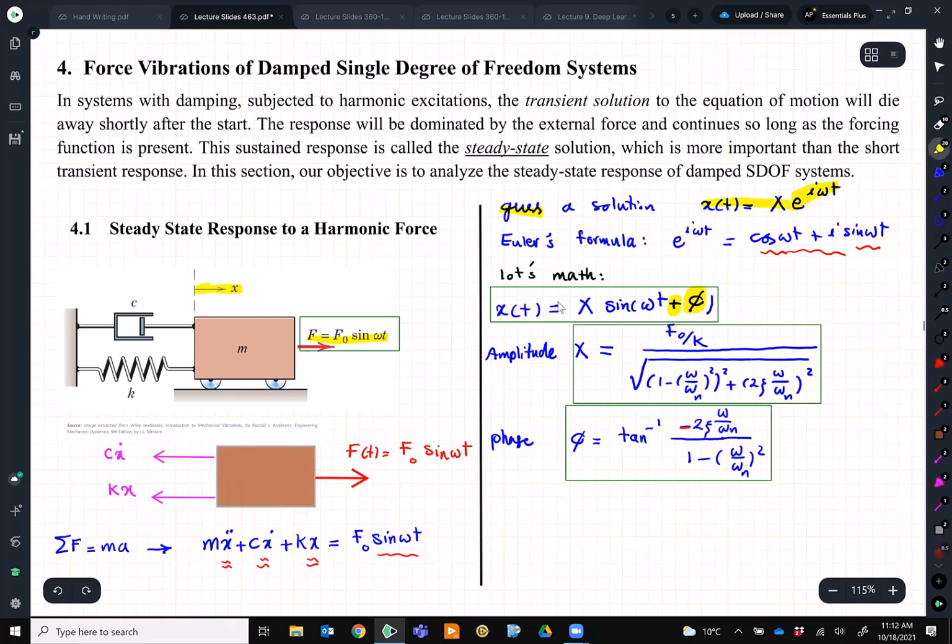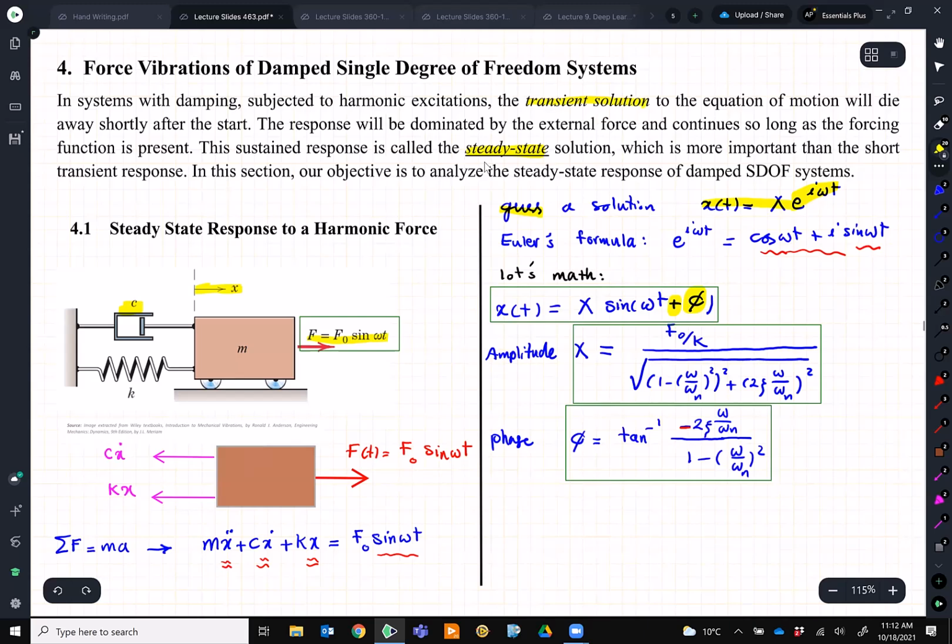You may ask, why don't we care about the initial conditions and the transient response? Well, the reason is because we have damping now, C. And as we explained before, when we have damping, when there are frictions, when the system is real, the transient response is very, very short.